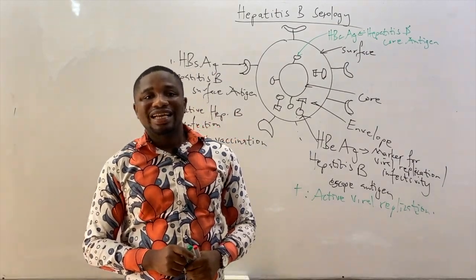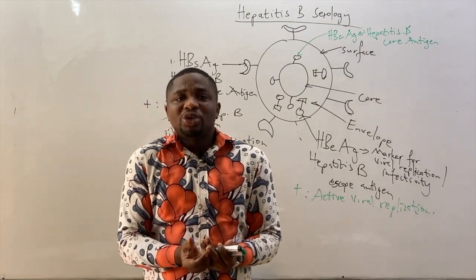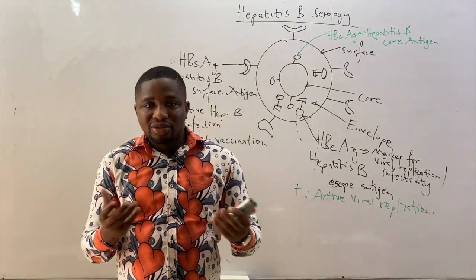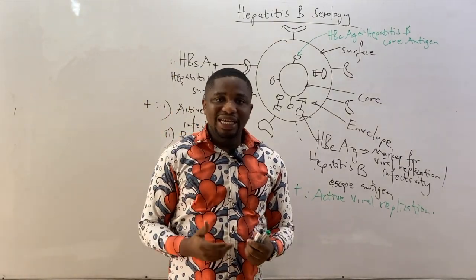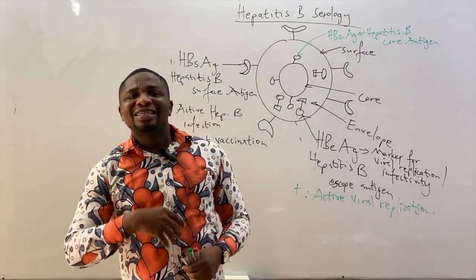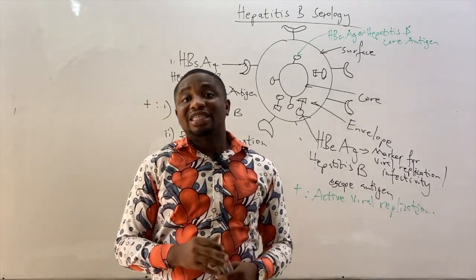And if it is actively making new copies, then the viral load, which refers to the direct count of the copies of the hepatitis B virus, will increase. And if it increases, then the chances of transmission of the virus to another individual is very high.